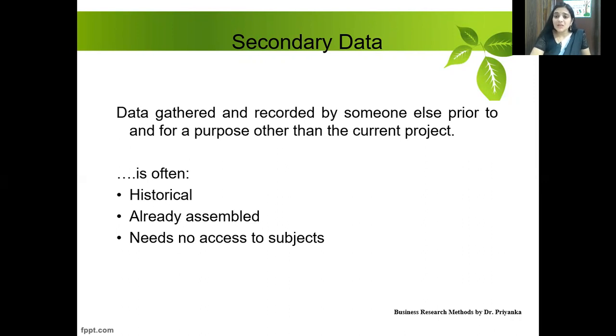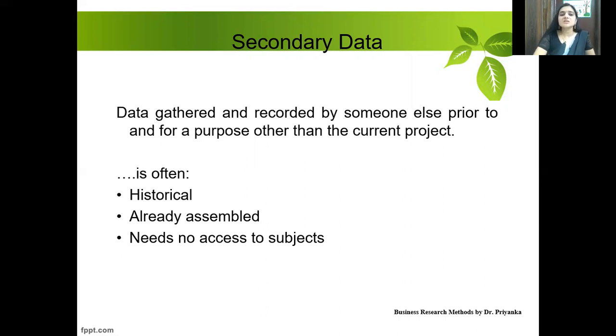Company A is being studied by one researcher, company B by another, and all of them are being researched on CSR. So I will read the reports provided by those researchers, and that kind of study is based on secondary data.